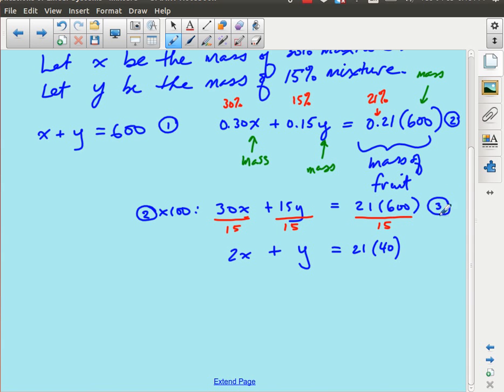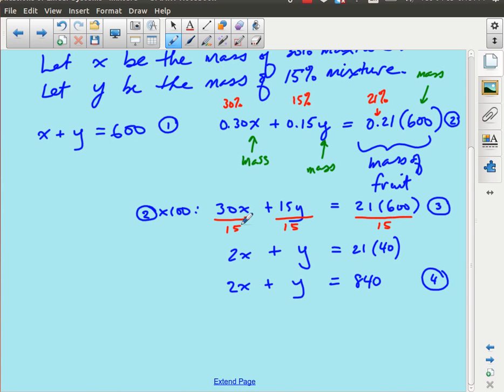Now I should maybe simplify this. 21 times 40 is 840. So 2x plus y is equal to 840. And that's equation number 4.